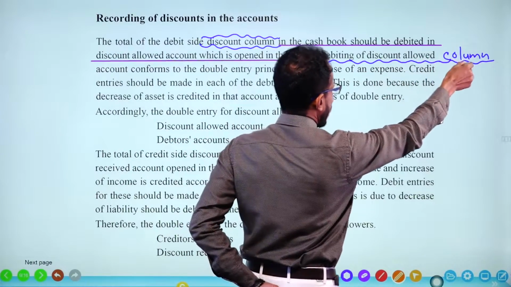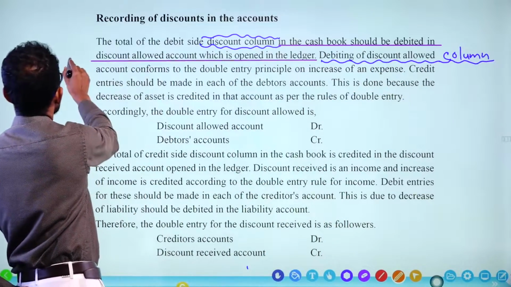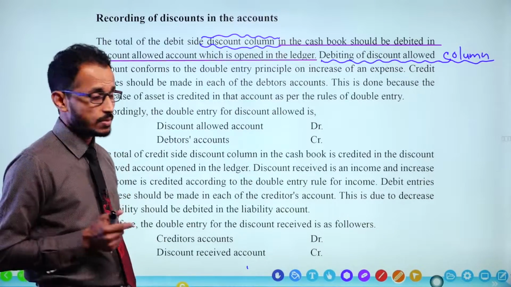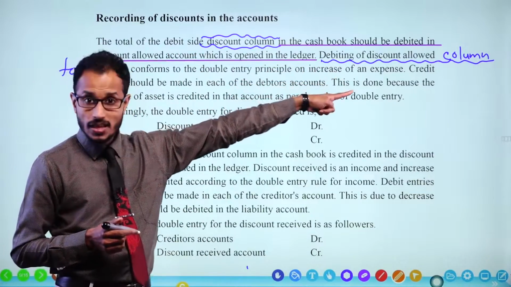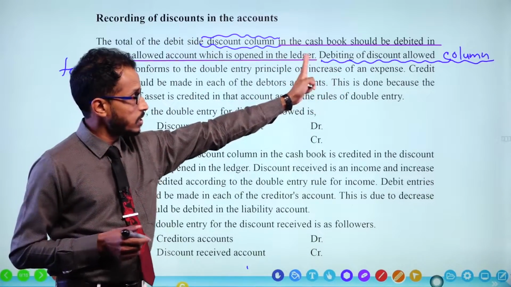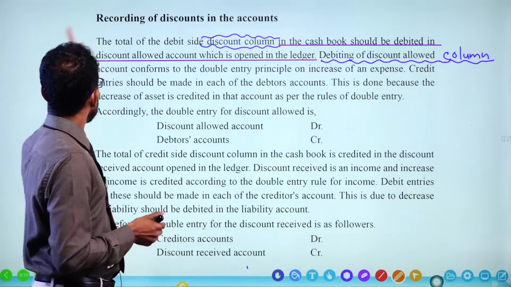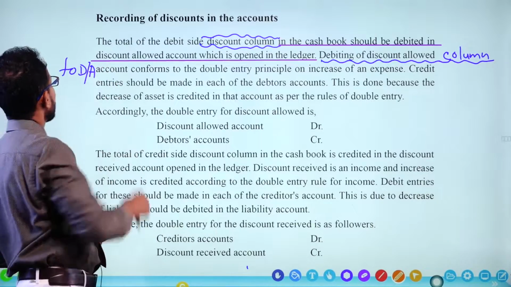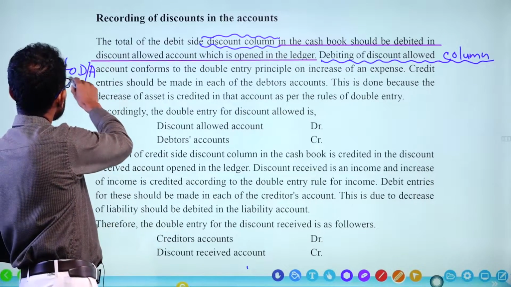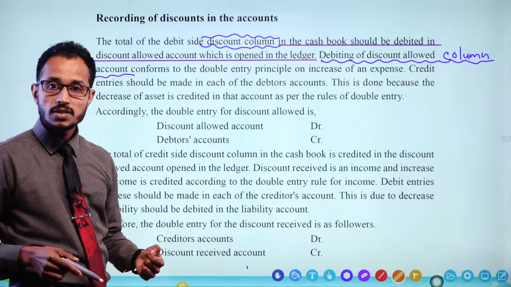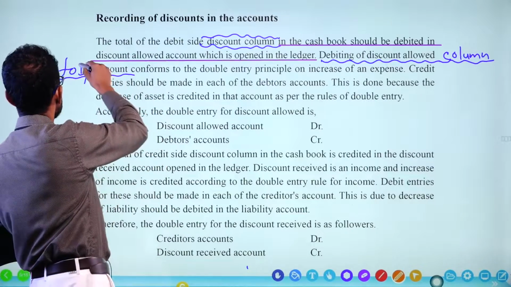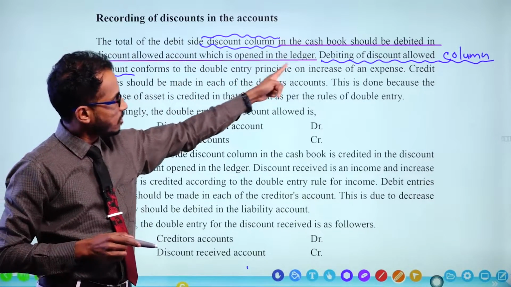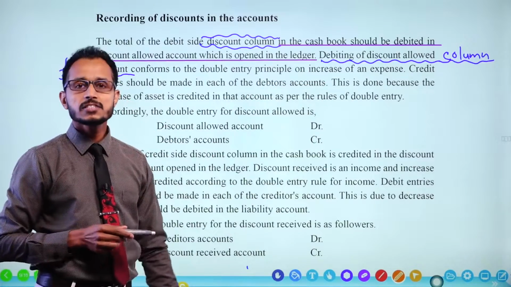Okay, that is what they say. Debiting of discount allowed column to discounts allowed account, now this is what I changed, conforms to the double entry principle of increase of an expense.